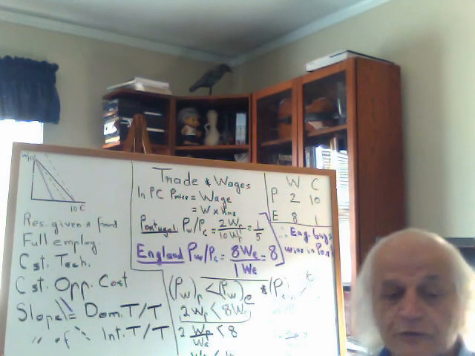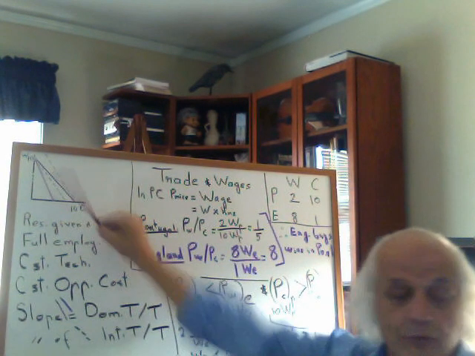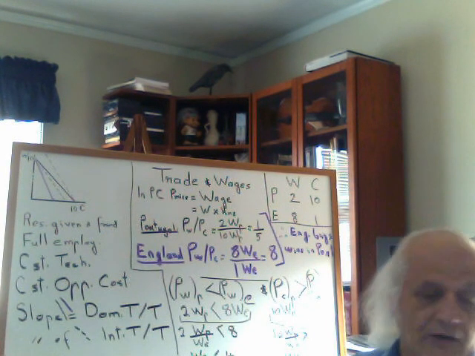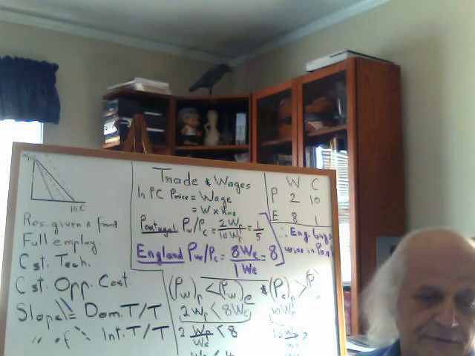So they cannot trade at any rate, but they will trade at a rate that is somewhere between the domestic rates. They are limited by the domestic terms of trade.